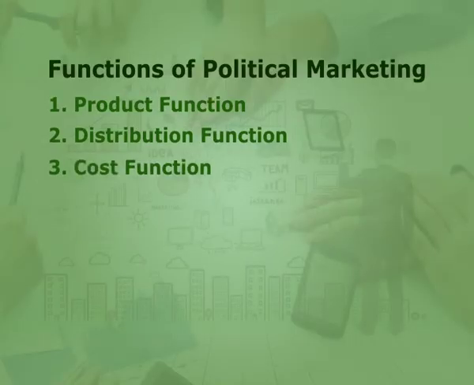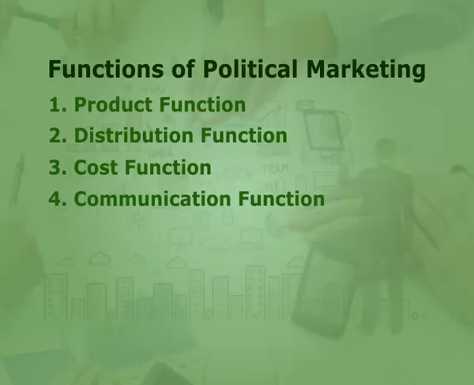The third function is the cost function. One of the main functions of mainstream marketing is to sell a product which is cost effective compared to other products in the market, so that the customer gets greater monetary satisfaction. The voter should receive all information regarding the product without spending money for it.